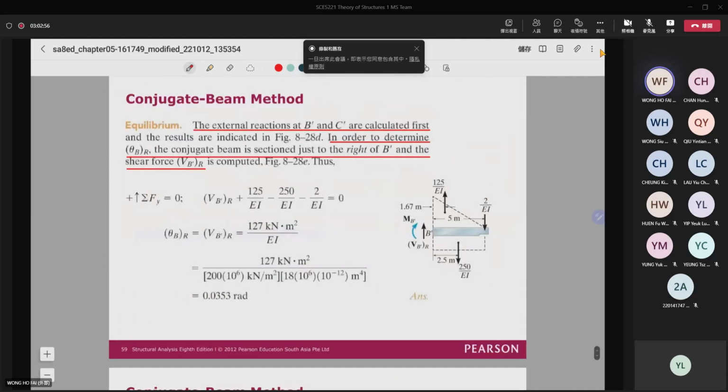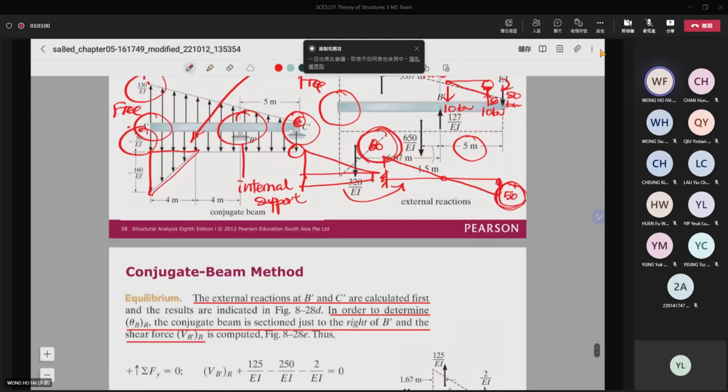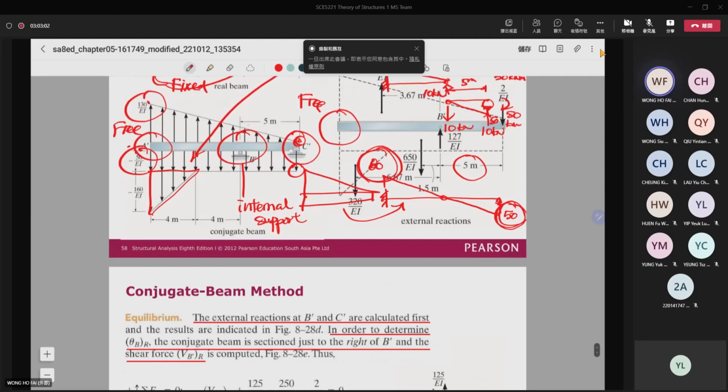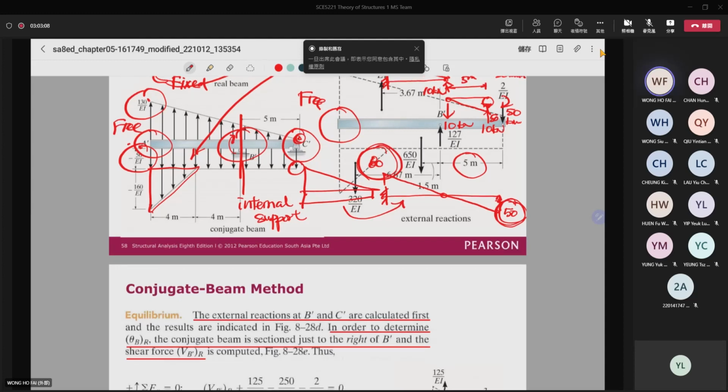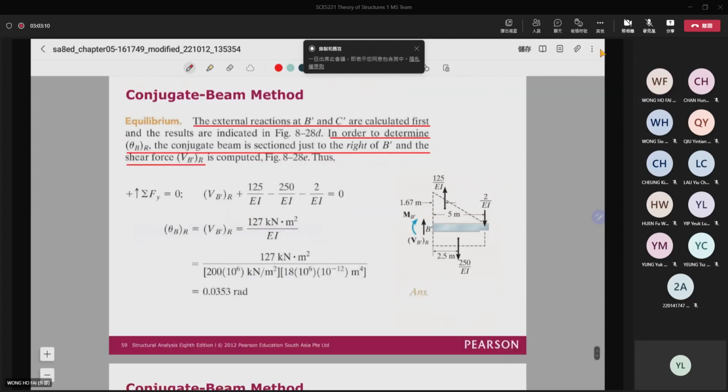So right here, if I find the deflection at the point B, then actually I just need to find the moment at the point B here. Then I cut the free body diagram and take a look at the MB dash. Then it is the deflection.